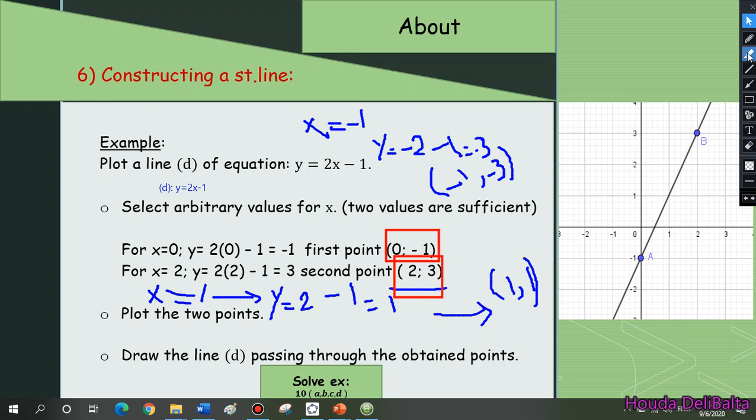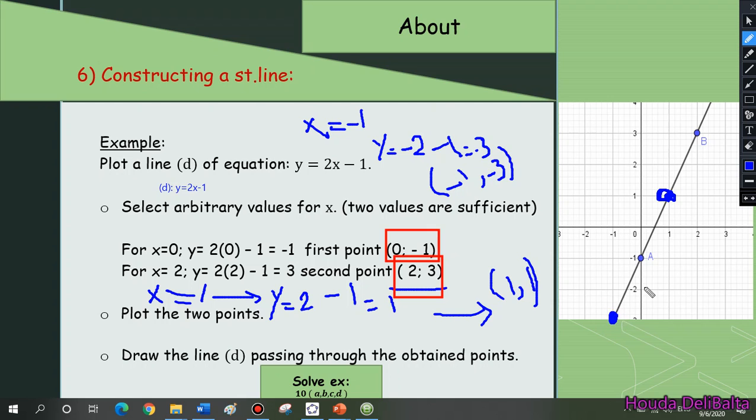Note the point (1, 1). The third point we take for x equals 1, y equals 1, then we have (1, 1). Look at (1, 1). The line is passing through (1, 1). Look also at (-1, -3).